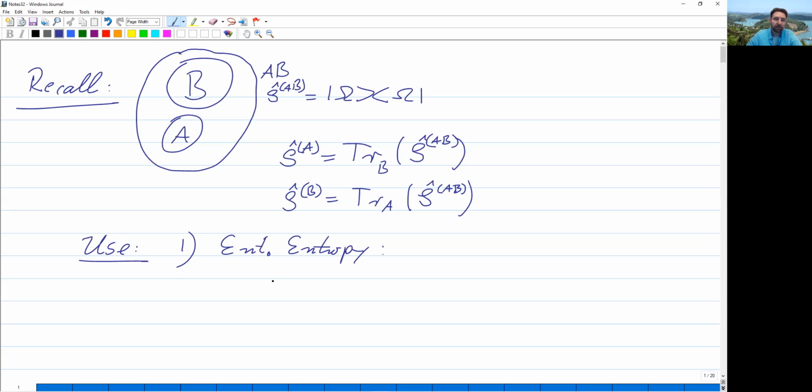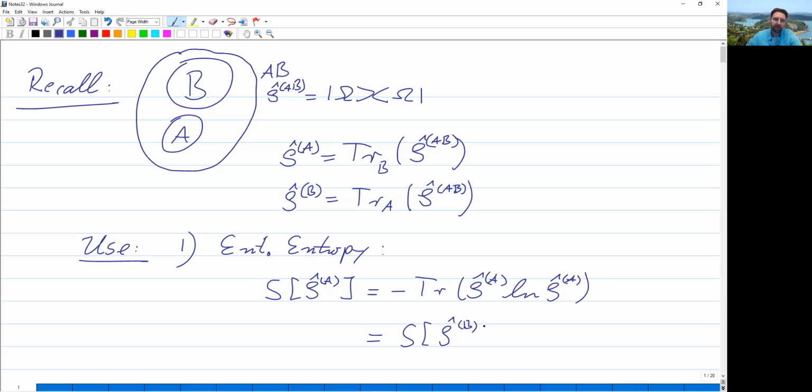The entanglement entropy of our system AB is by definition the von Neumann entropy of the density matrix of one of the subsystems, which is minus the trace of rho hat A logarithm rho hat A. And this is well defined because it turns out that it is the same as the entanglement entropy of rho hat B. So it doesn't matter from which subsystem we calculate it.